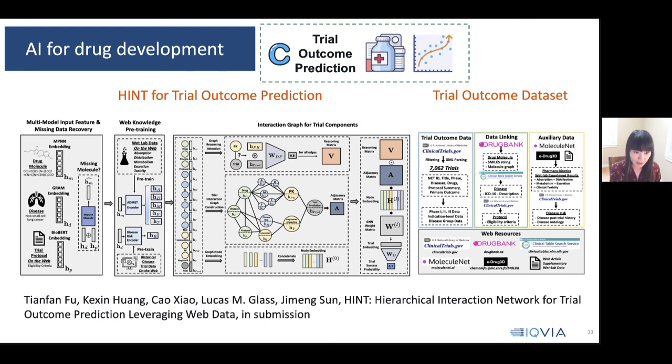Along with this paper, we will release the first of its kind trial outcome prediction data set, on which we performed a lot of human labeling from clinicaltrials.gov, and we will release both a manuscript and data set very soon. So we hope more people will join us in using machine learning and deep learning to improve the drug development process.